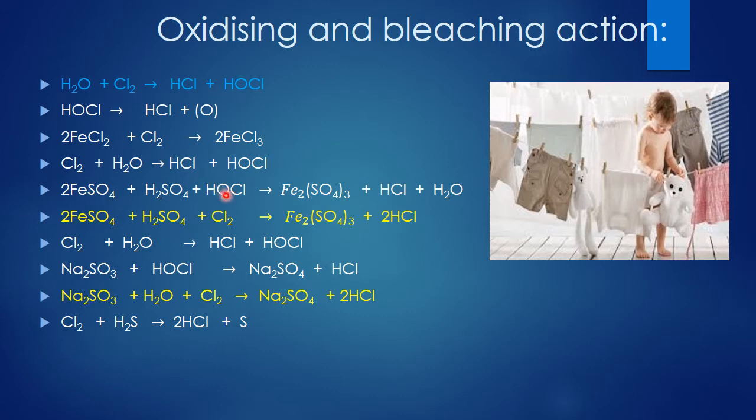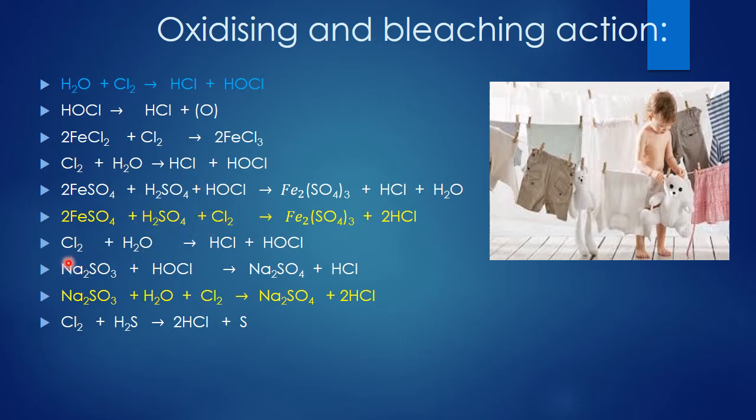I am going to add these 2 reactions: the OHCl on both sides gets cancelled, and the water molecule on the right side gets cancelled. The remaining is FeSO4, H2SO4 plus Cl2 gives Fe2(SO4)3 plus 2HCl, this HCl and this HCl, 2HCl is formed.